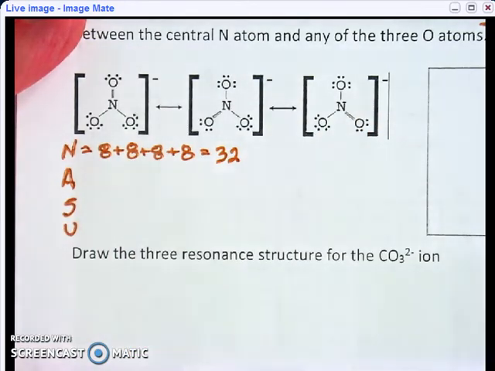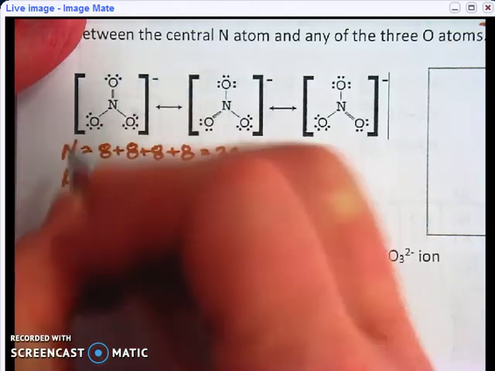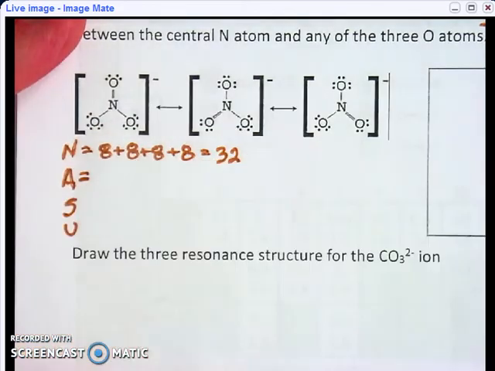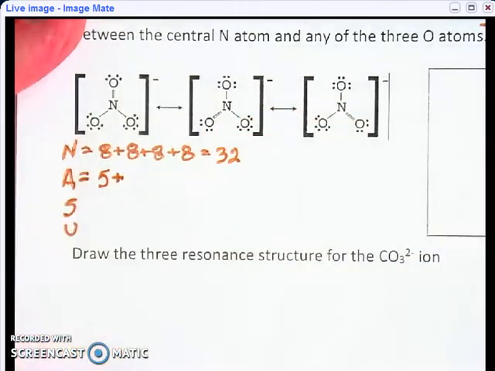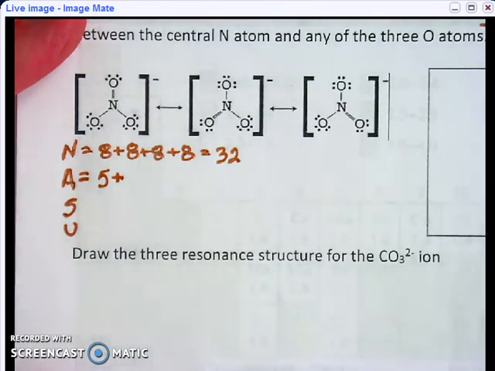Okay, so if you weren't up on that the other day, maybe this will help a little bit. My available is the number of valence electrons. Nitrogen, all the elements in that family have 5 valence electrons. And each of the oxygens have 6.